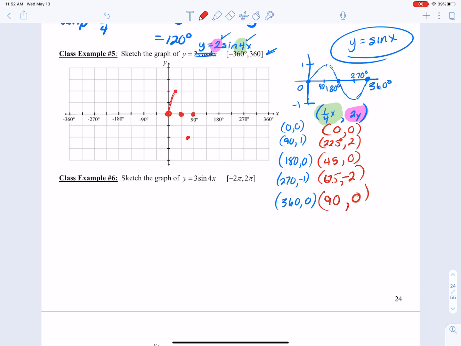So what I do is I draw one cycle of this graph, and then we keep repeating it. So I think the easiest way to keep repeating it is just drawing out the maxes and the mins as they occur. And then the x-intercepts, and then we can connect all the values.